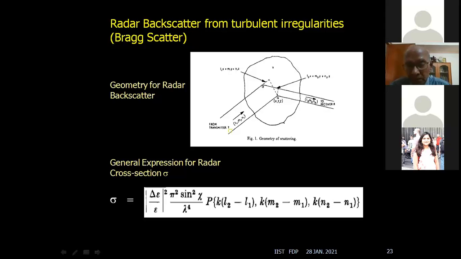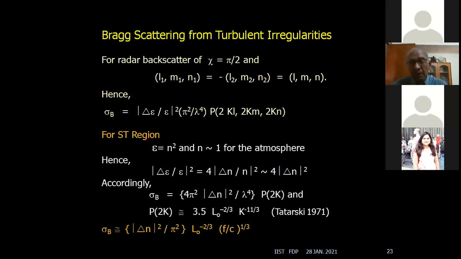So this is the bistatic scatter geometry. But if you are interested in monostatic radar, then the scattering cross section is proportional to this one, 2kx, ky, kz. That is the wave number spectrum.